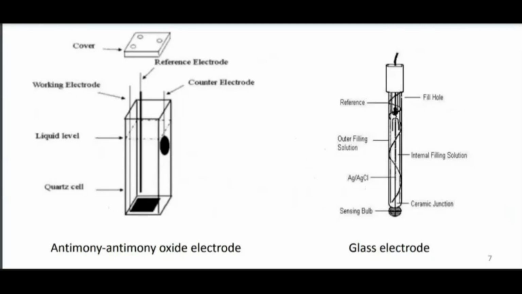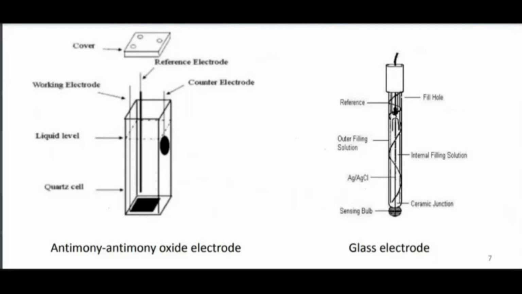Then there is the next type of electrode, the antimony oxide electrode. Observe this diagram now. Basically this entire assembly will look like a closed cuvette, a small box that is provided with three wires. One is a reference electrode, the other is a working electrode, and the other is a counter electrode.